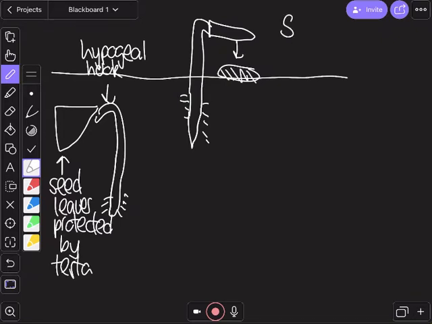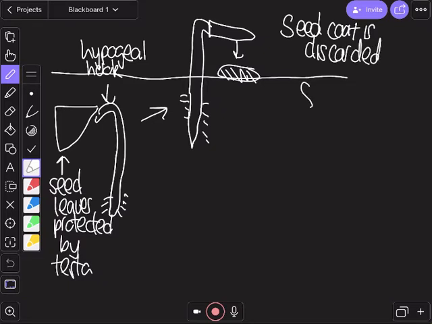Is this like what happens next? The thing you're drawing now? Well, so for this particular one, yeah, it is what happens next. Okay, thank you. So the seed coat is discarded, and your seed leaves appear.